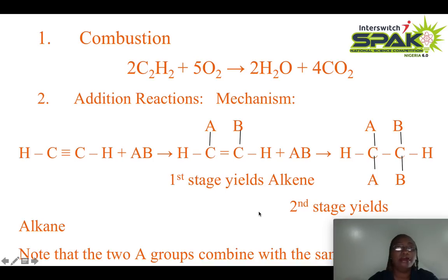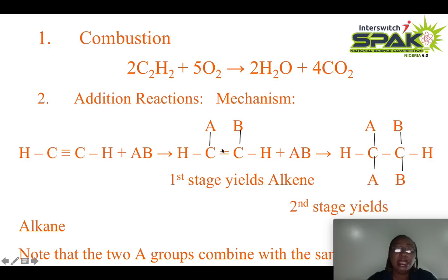So for example, alkynes will react in the first stage to give an alkene, then react in the second stage to give an alkane. You can see in this illustration, this is an alkyne, ethyne, reacting with, let's say, AB. The first stage yields an alkene.